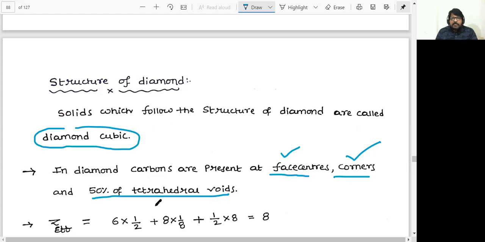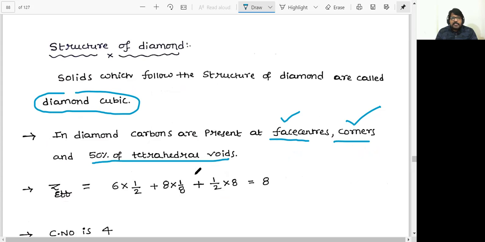And based on this information, if you calculate the effective number of atoms in this unit cell, Z effective, face centers are 6, contribution is 1 by 2, corners are 8, contribution is 1 by 8, and totally there are 8 tetrahedral voids. 50% of tetrahedral voids are occupied, so that is 1 by 2 into 8.